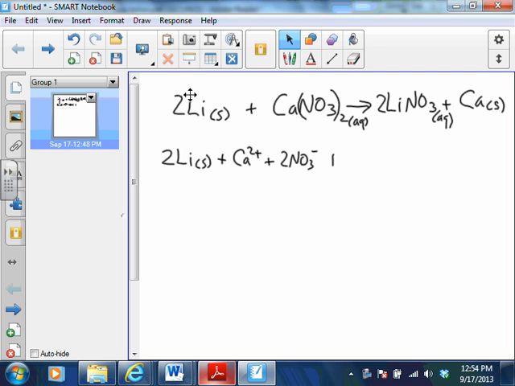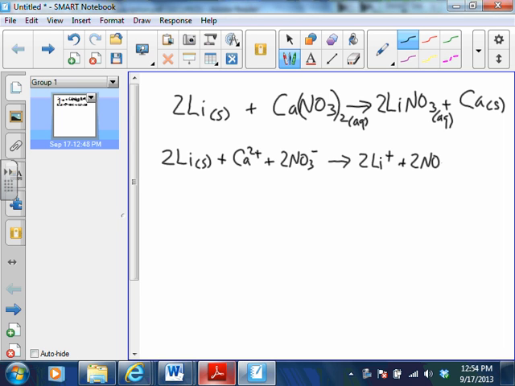Yields. And then you end up with 2 Li+ on this side, plus 2 NO3-, plus solid calcium. All right, so now you might be able to see it. What's the spectator here?